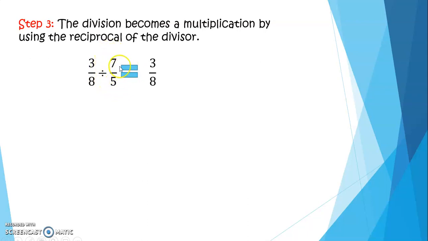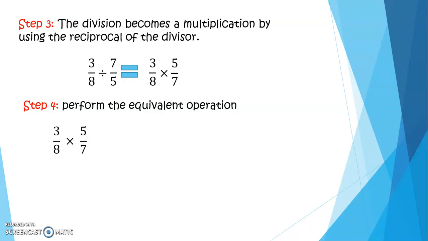Remember that we switch the position, so the reciprocal of 7/5 is going to be 5/7. And this is no longer going to be a division, but a multiplication. So the operation that was a division at the beginning has become a multiplication, and we know how to multiply two fractions. This is an equivalent operation.